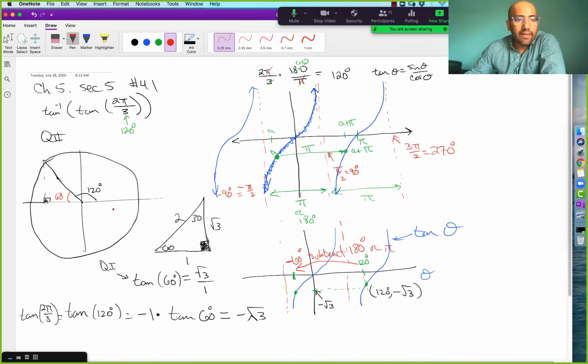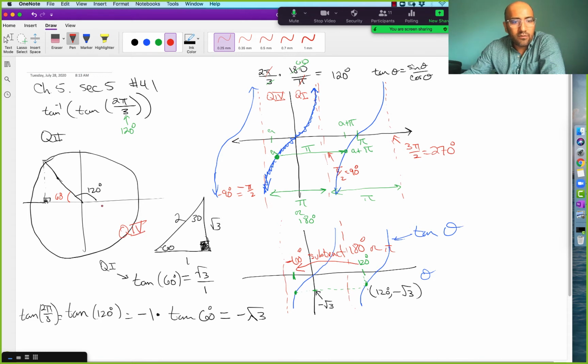Okay, and then the other thing that kind of complements that, the other way we know that, is because tangent inverse is only valid in Q1, right? That's positive 0 to pi over 2, or from 0 to 90 degrees, and in Q4, negative 0 to negative 90 degrees. 0 to negative 90 degrees is over here in Q4, right?